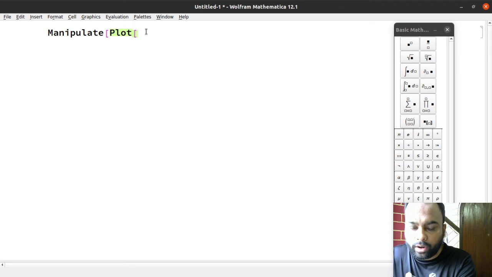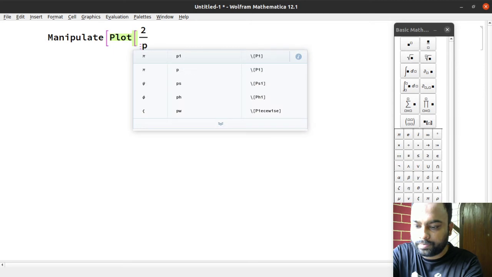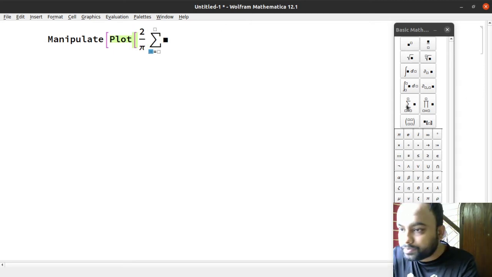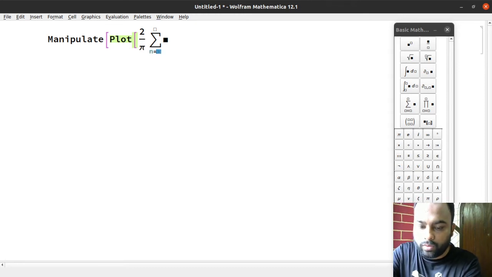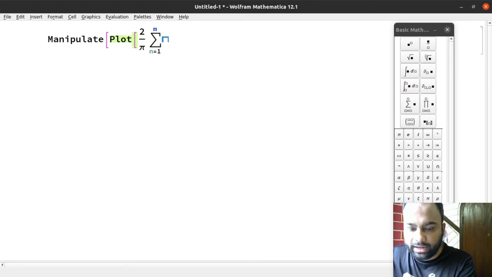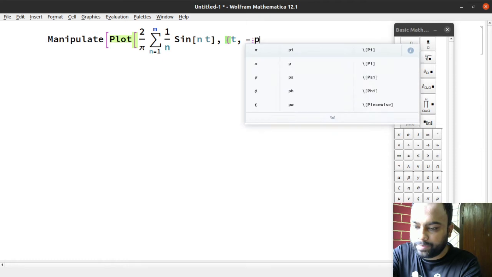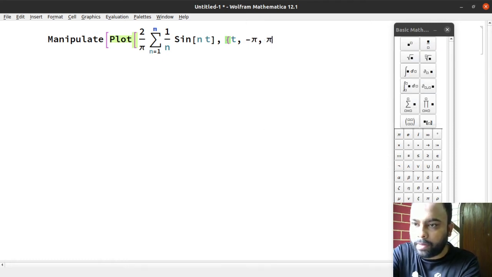So what are we plotting? We're plotting 2 by pi and a summation on n equal to 1 to, say for example, m. I cannot really go up to infinity in reality. And t varies from, say for example, minus pi to pi.